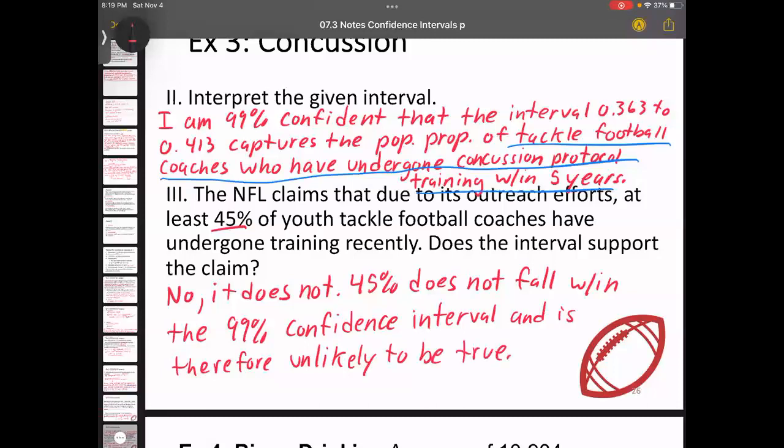Now, it's not impossible, right? We talked about this, or at least hopefully we did in your activity, the idea that just because something is unlikely doesn't mean it's impossible. We don't often say impossible or possible in statistics. We say likely or unlikely. Is it possible? Yes. But is it likely? Absolutely not. It is not reasonable to make this assertion.